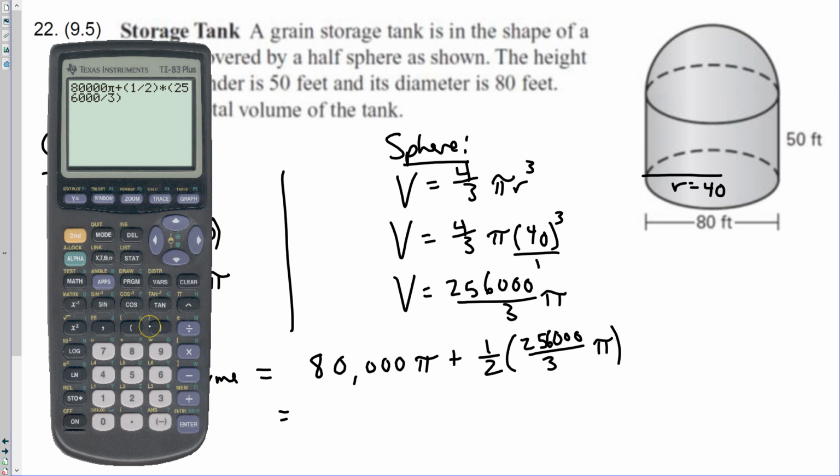If you notice I'm putting my fractions in parentheses, that's a good trick to make sure your calculator knows those are indeed fractions, times pi. And there is my answer.